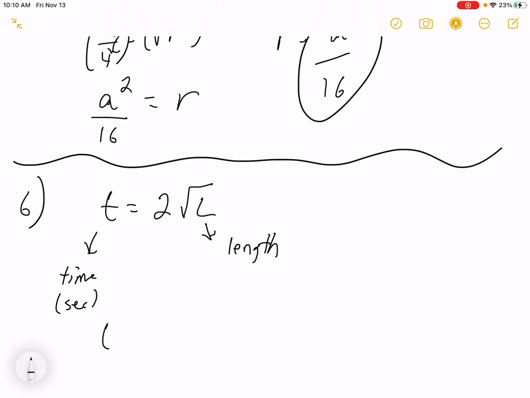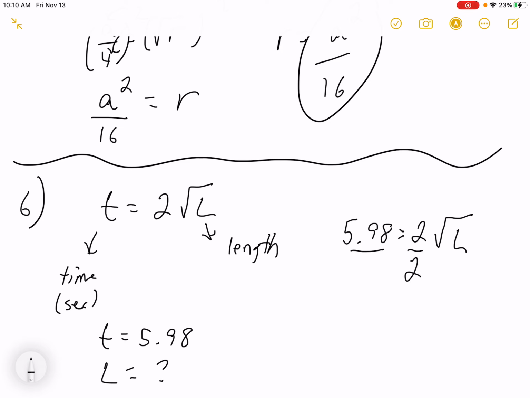That means t is 5.98. And what is its length? So the length we don't know. Let's substitute. 5.98 equals 2. We'll leave L because we don't know its value. 2 square root of L. So I'm going to divide each side by 2. 2.99 equals the square root of L.